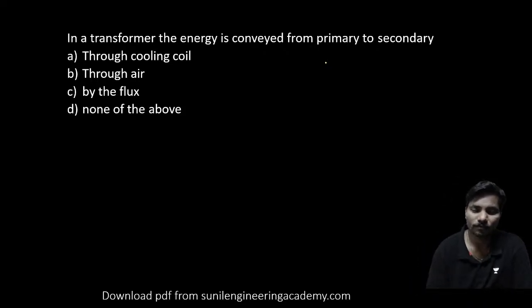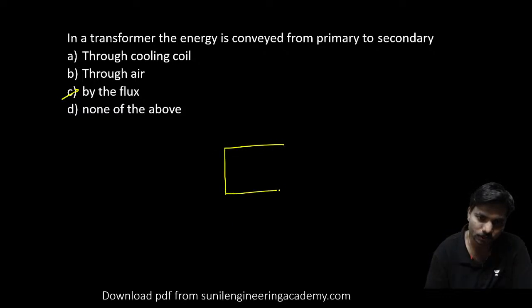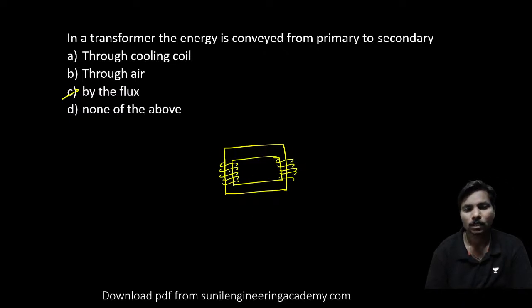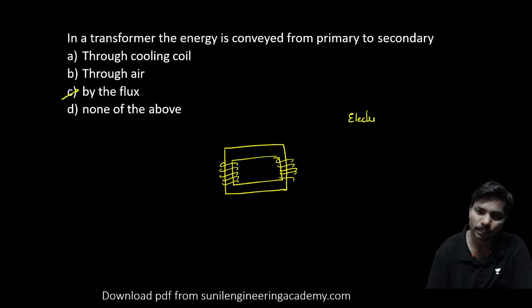Yes, here energy is conveyed from primary to secondary by the flux. Why? If you consider any transformer, this is the core of the transformer. Here we have one winding, and here we have another winding. There is no direct connection between the two windings, so they are electrically isolated, and magnetically coupled through the core.